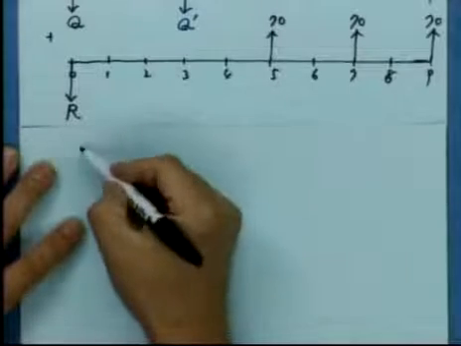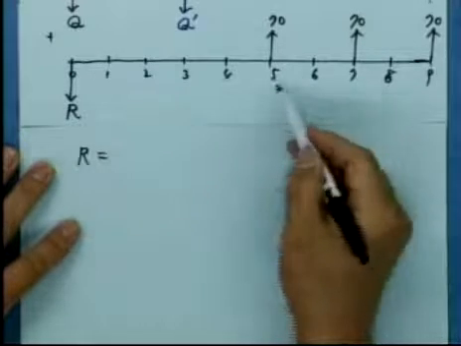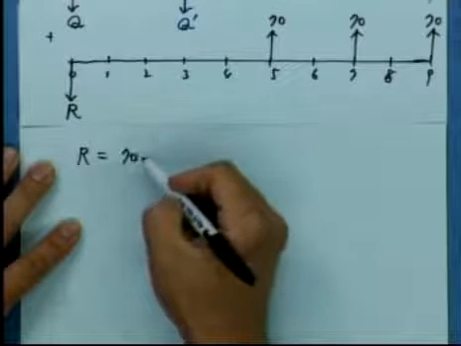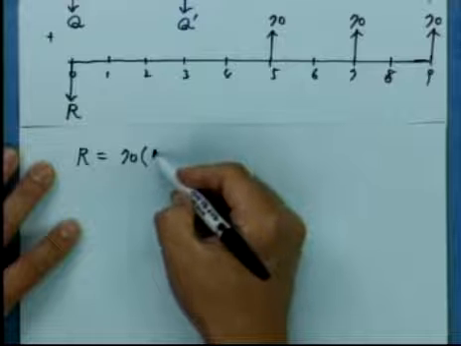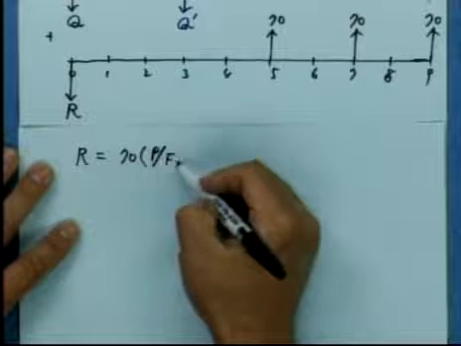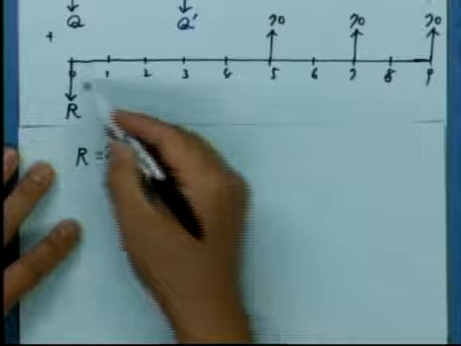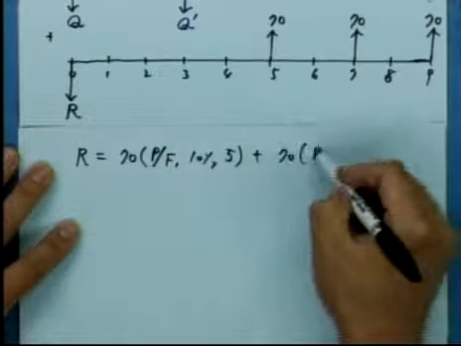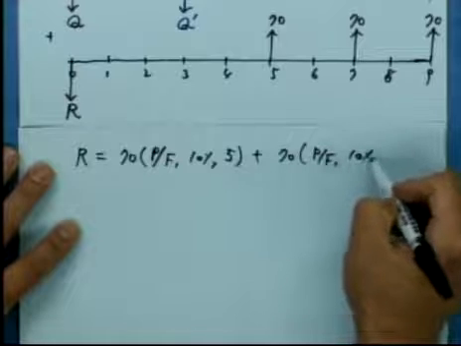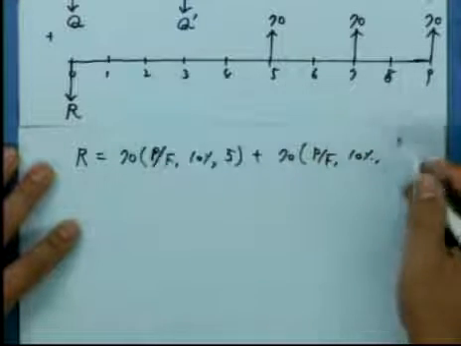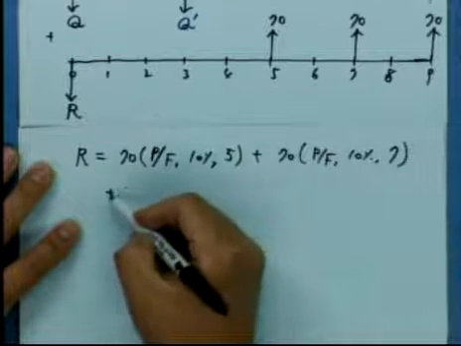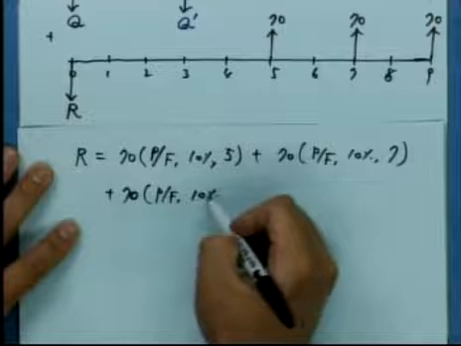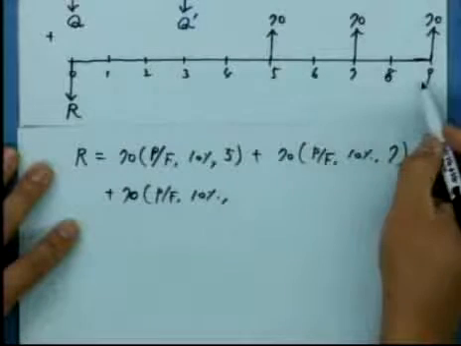So in that case, R would be the summation of these 3 future values, which is 70 times P given F 10% over 5 periods plus 70 times P given F 10% over 7 periods plus 70 times P given F 10% over 9 periods, right?